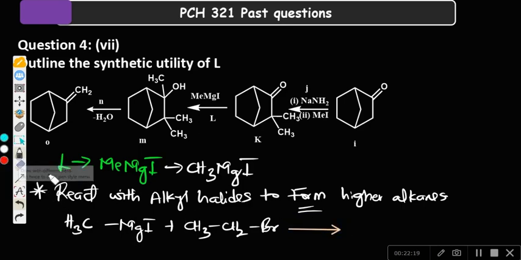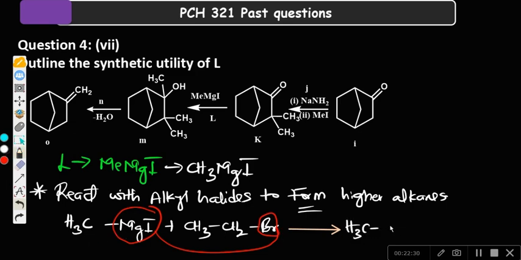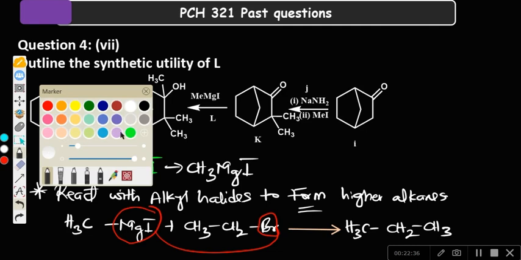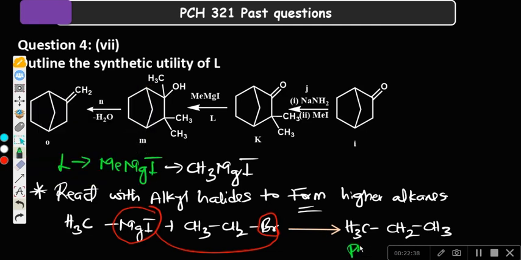At the end of the day, what will happen in this reaction is this group here will bond with this group, and these two will combine together to form H3C CH2 CH3, which is propane. So this is a higher alkane formed, and the name of this higher alkane is propane. Are you getting it now? So that is one of the synthetic utility of Grignard reagent.